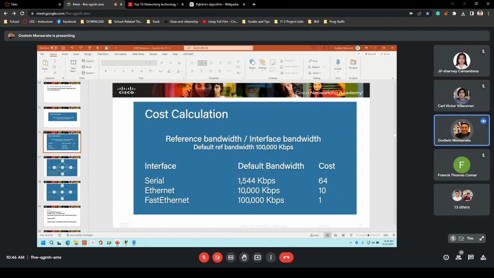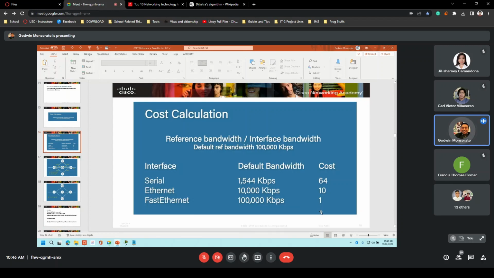Fast Ethernet is 100 Mbps or 100,000 kbps, so the cost value is 1. And gigabit Ethernet is 1 billion kbps, and the cost is also 1. So by default, it is 1.